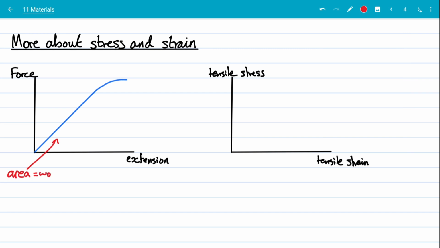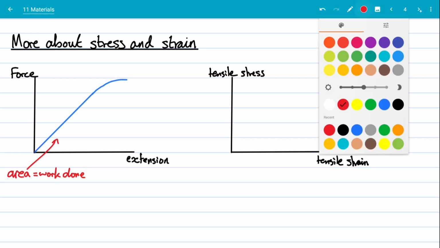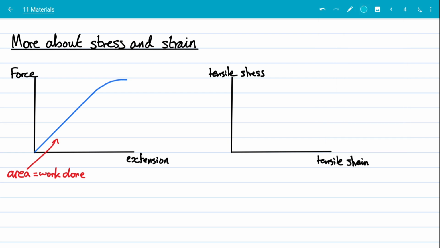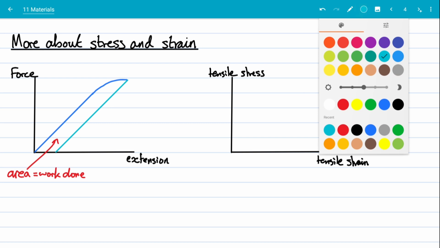is equal to the work that is done, and we linked that to the energy stored. But we've got to be careful with that because it's only the energy stored if we're extending below the elastic limit. Once we've extended it beyond the elastic limit, if we remove our forces, we unload the material, we end up with some permanent extension, a permanent deformation.